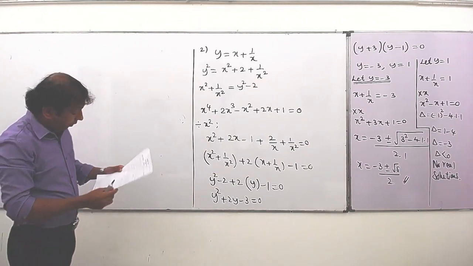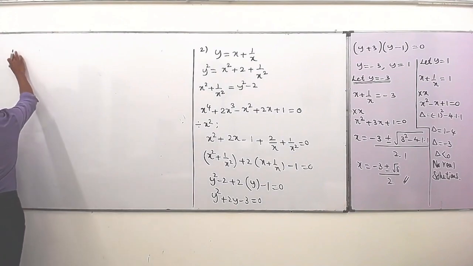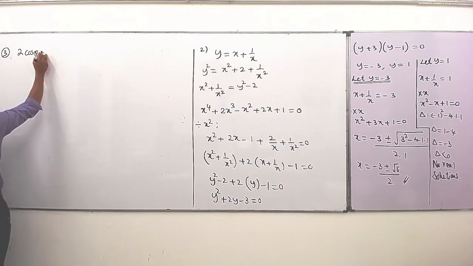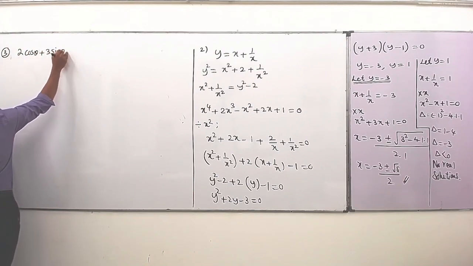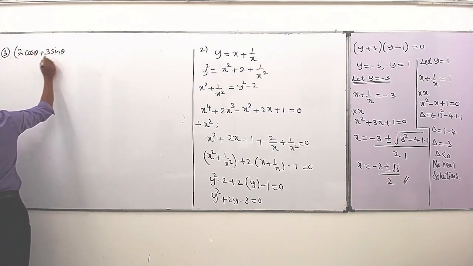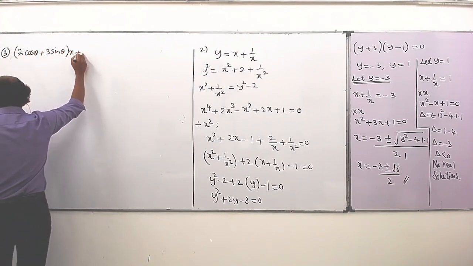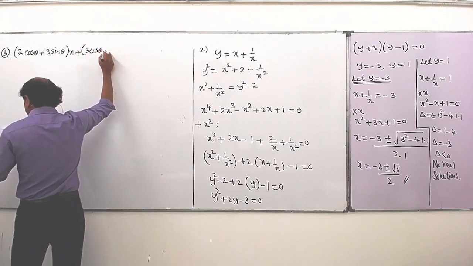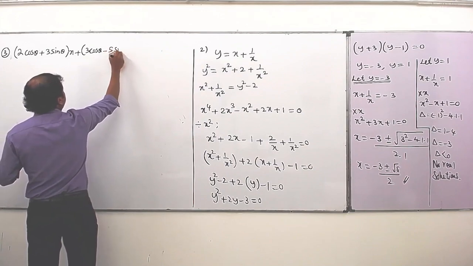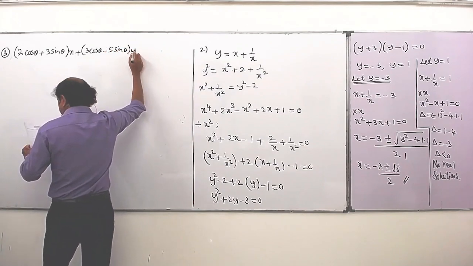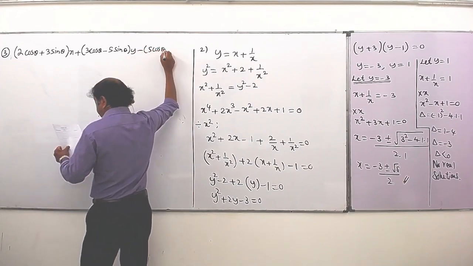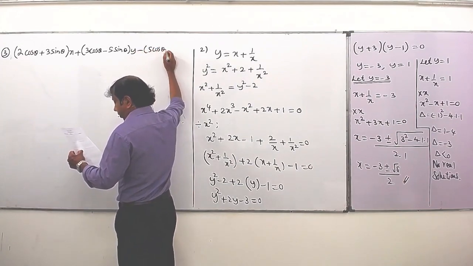We can write it like this: (2 cos theta + 3 sin theta) x + (3 cos theta - 5 sin theta) y - (5 cos theta - 2 sin theta) = 0.